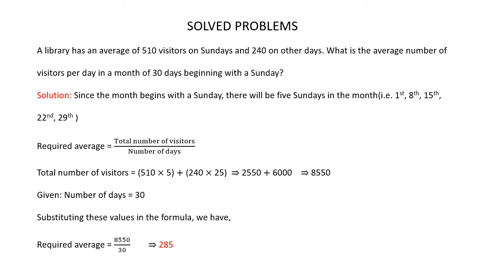Now it's given that 510 visitors visit the library on Sundays. Since there are 5 Sundays in the month, the number of visitors on Sundays is 510 multiplied by 5.